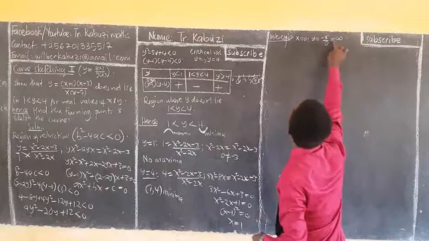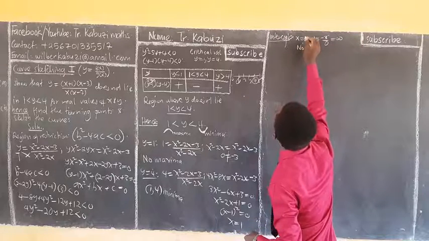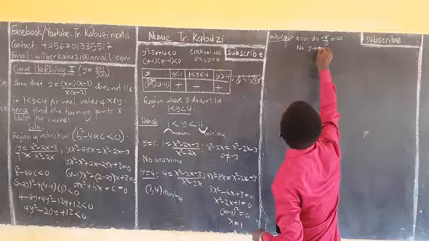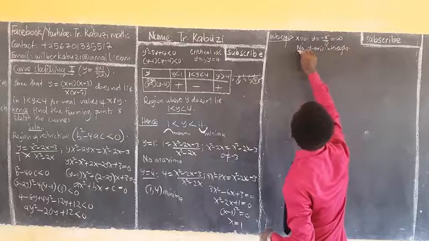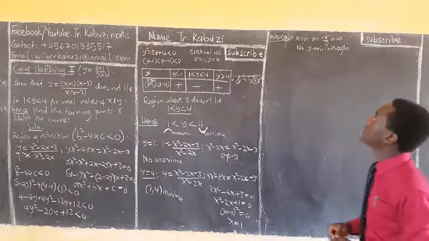So we have no y-axis intercept. So this curve is not going to pass through the y-axis, because we are having an infinite value.